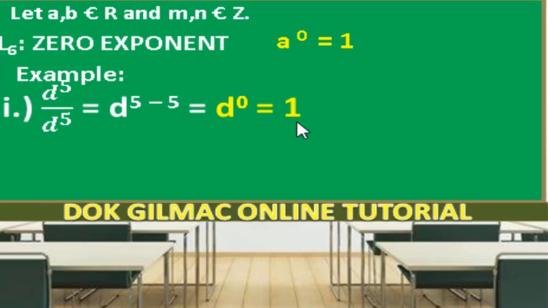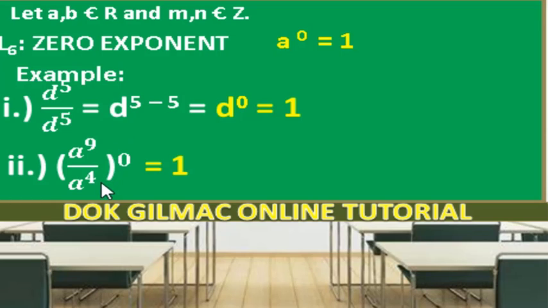That is simply equal to 1. So we just apply the quotient rule wherein m is equal to n. Number 2 example: a raised to 9 over a raised to 4, quantity raised to 0. Take note, any number that is raised to 0 is simply equal to 1.